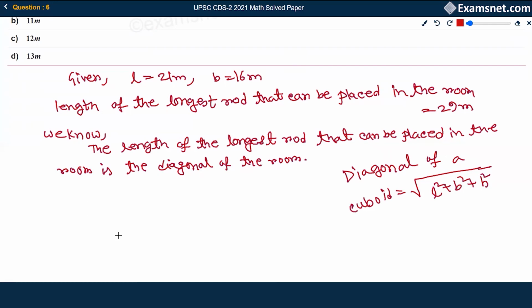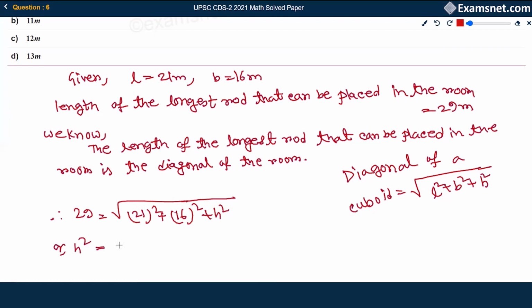Here height is not mentioned. We are going to find it. Therefore 29 equals, we can assume the height as h, root under 21 square plus 16 whole square plus h square. So h square equals 841 minus 441 minus 256.